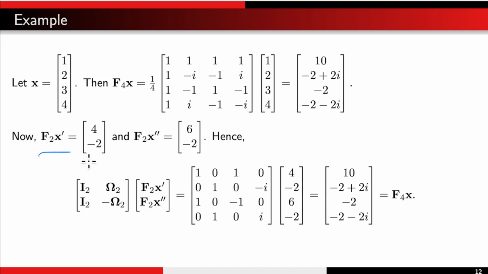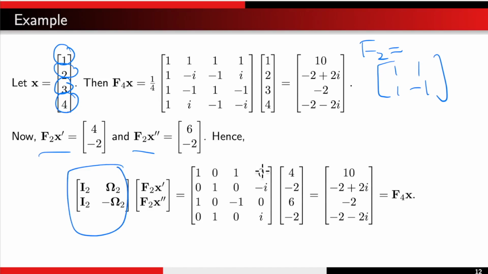So F2 x prime is 4, negative 2, because F2 is 1, 1, 1, negative 1. And F2 x double prime is 6, negative 2. So remember that x prime is formed from taking 1 and 3, and x double prime is formed from taking 2 and 4.